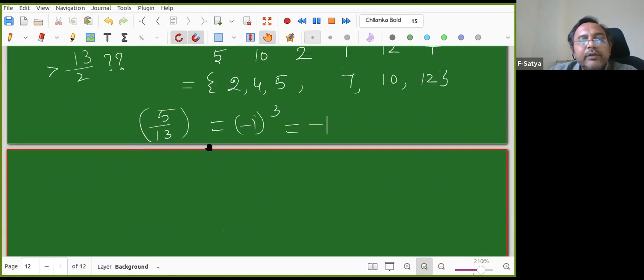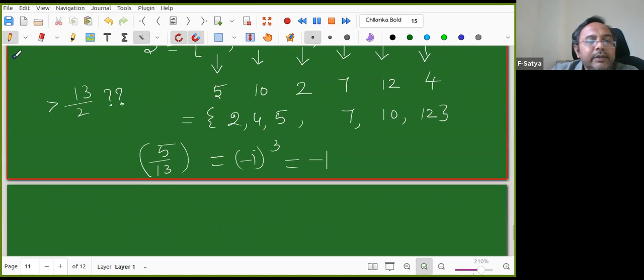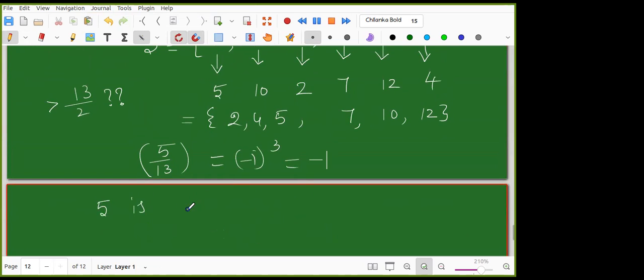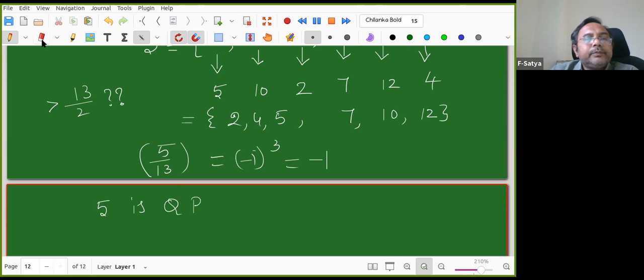So anyone who understood, tell me now what you can say from this. 5 is not a quadratic residue; it is a quadratic non-residue. What is the meaning of that again? By definition, it is a quadratic non-residue modulo 13.